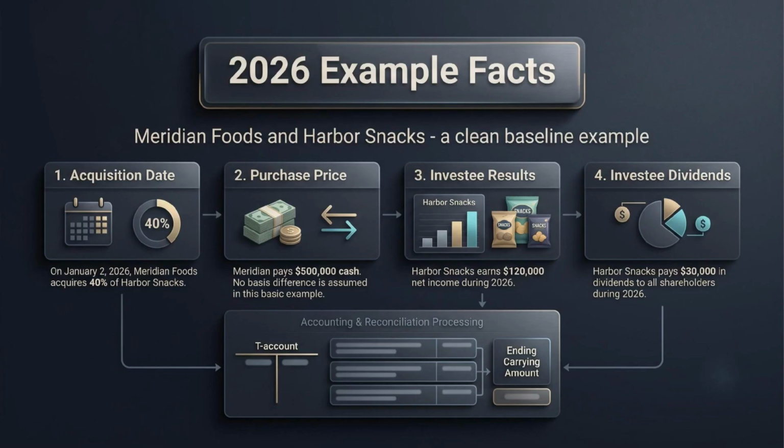During 2026, Harbor earns $120,000 of net income and pays $30,000 of dividends to all shareholders. Our job is to record the initial investment, record Meridian's share of income, record the dividend received, and reconcile the ending carrying amount. This is a clean baseline example before the heavier topics arrive.